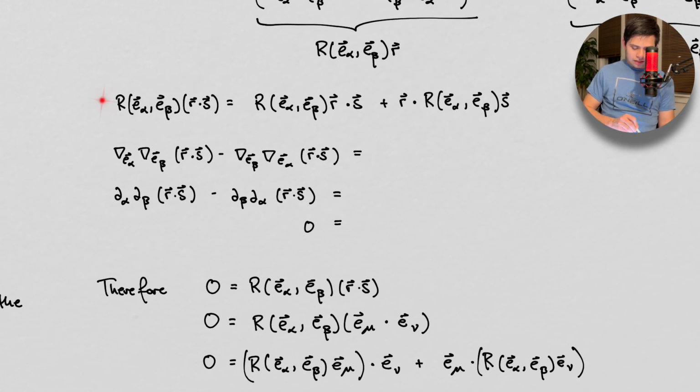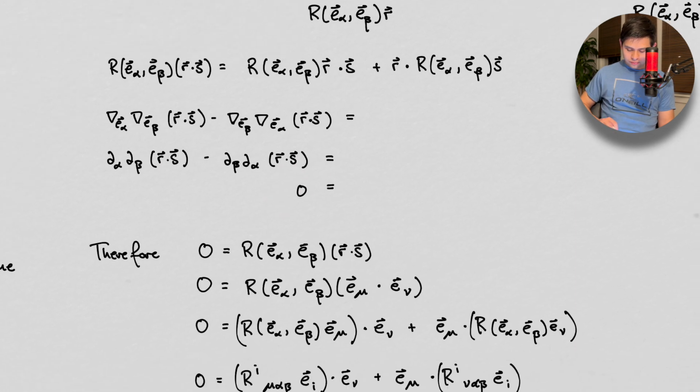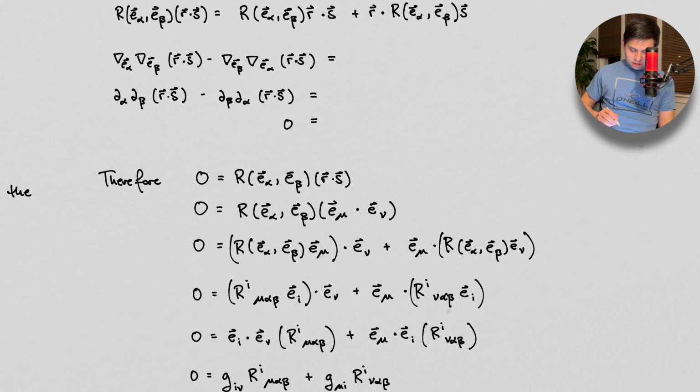So if we look at this side of the equation now, we can expand it out again. And since these are basis vectors, we can take derivatives. And since dot products are scalars, this is 0. Okay? All right.